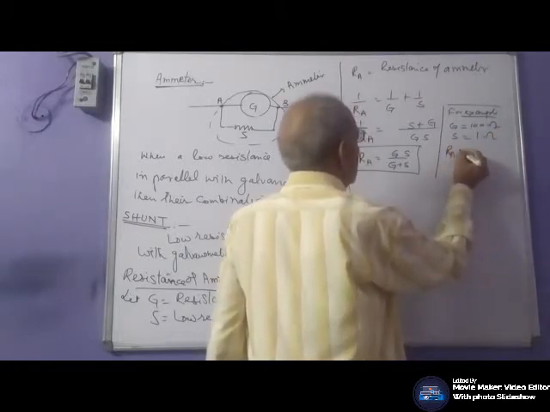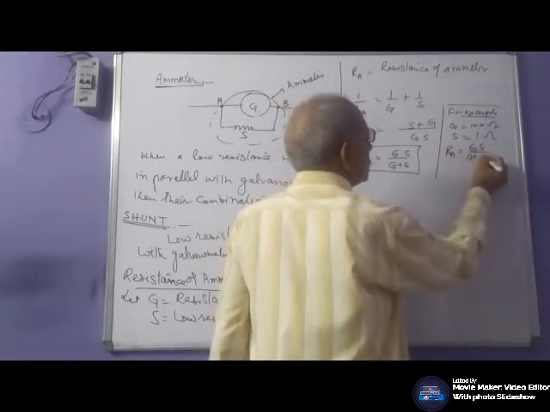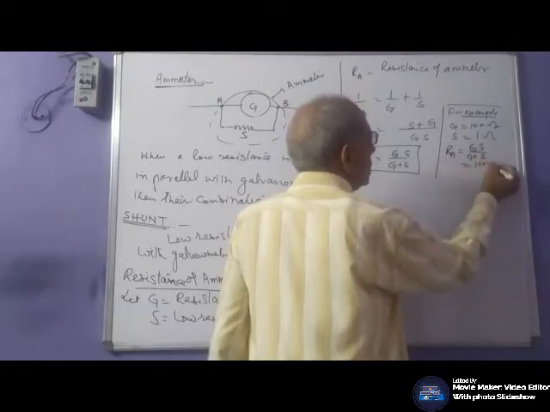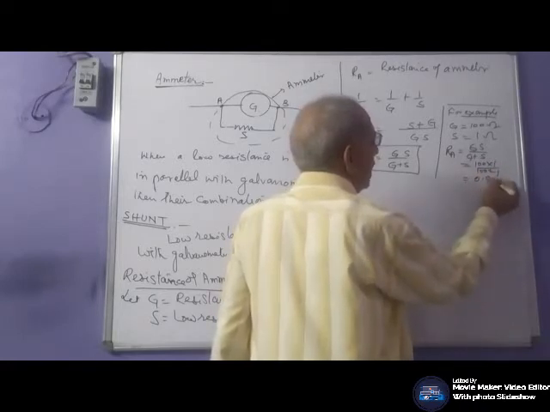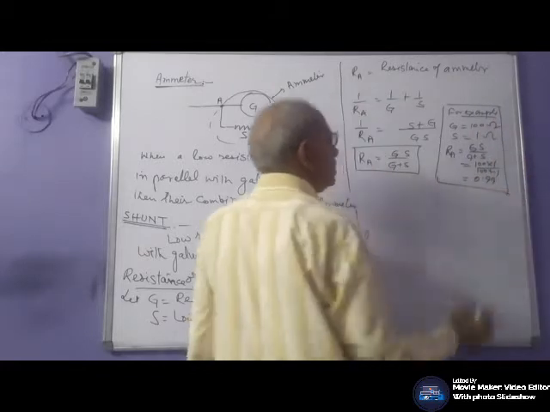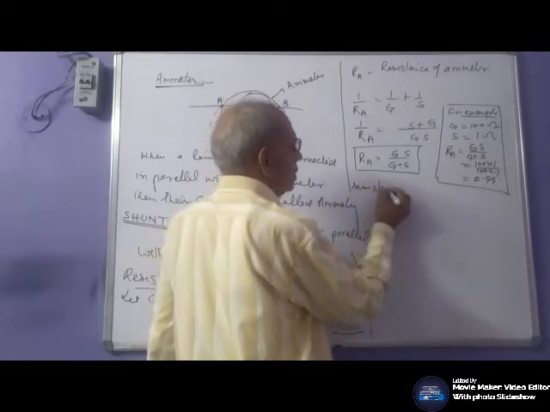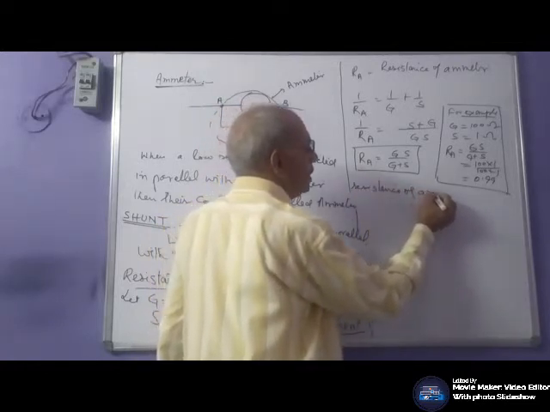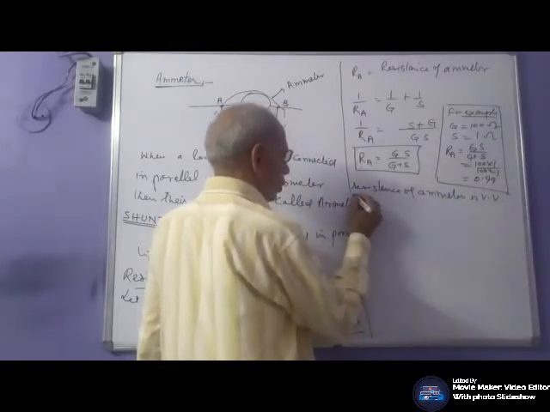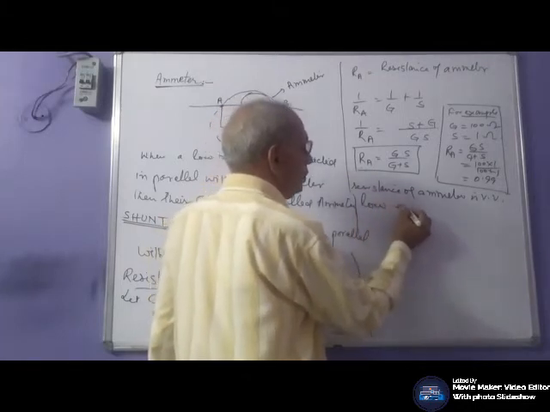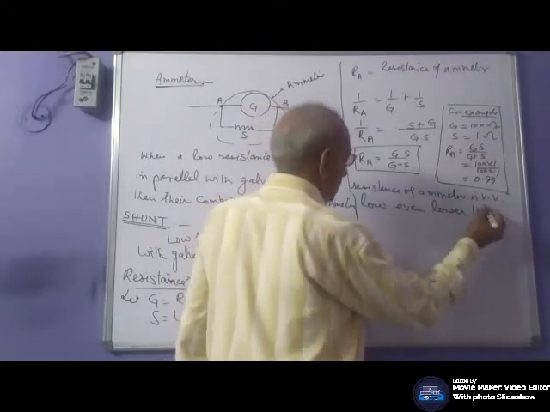RA is GS by (G plus S), that is 100 into 1 by 100 plus 1, which is about 0.99. It means the resistance of the ammeter is very low, even lower than the shunt.